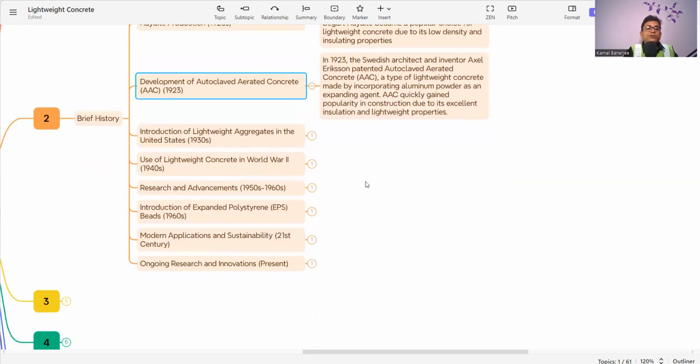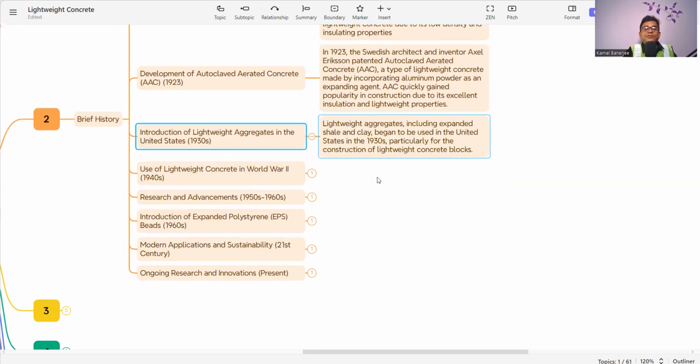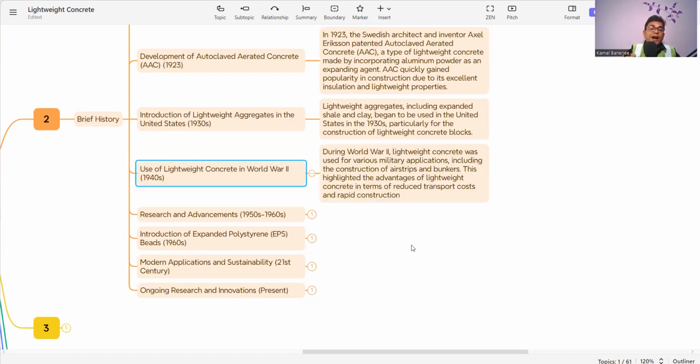The next is, in 1930, the introduction of lightweight aggregates in the United States. Lightweight aggregates, including expanded shale and clay, began to be used in the 1930s, particularly for the construction of lightweight concrete blocks. Then the use of lightweight concrete in World War II in 1940.